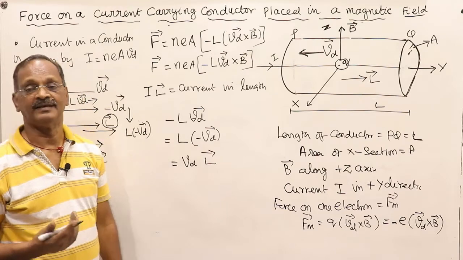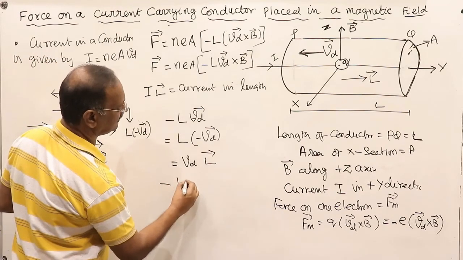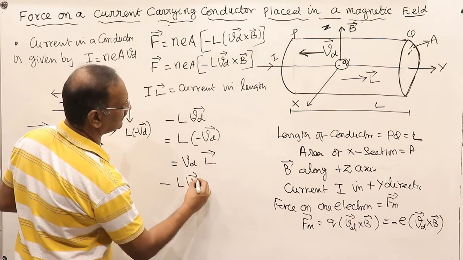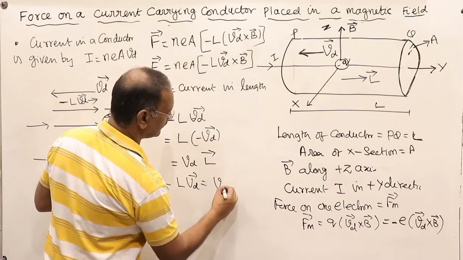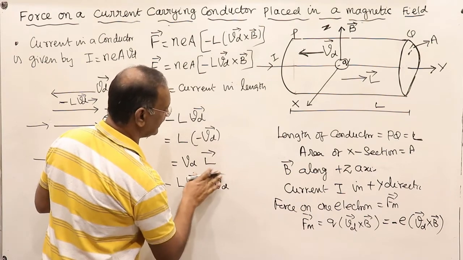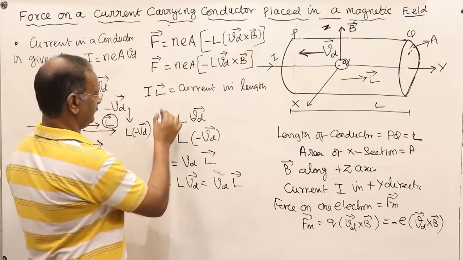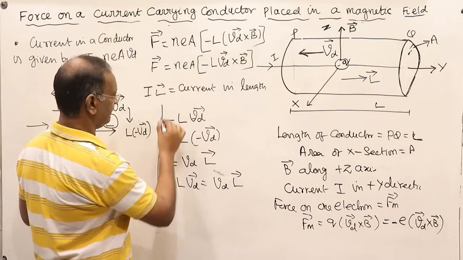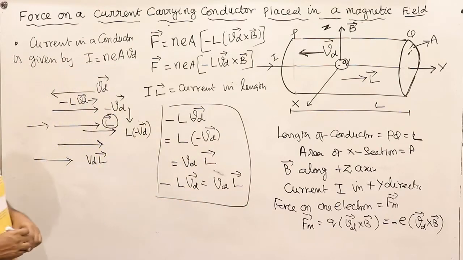So we can say minus L into Vd vector can be written as Vd, a scalar, into L vector. This is a very important relation we have derived. So we will be substituting this here.